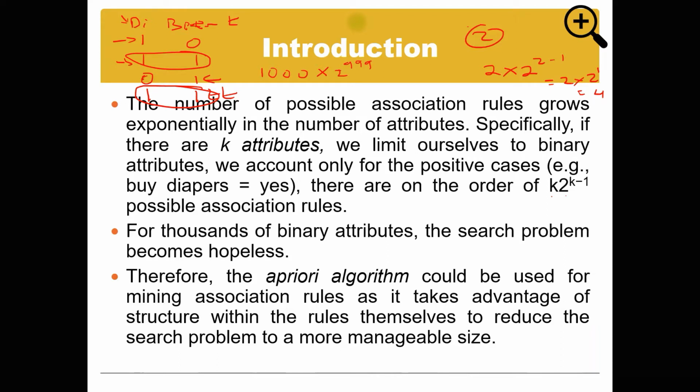What are support and confidence? We'll get to that afterward. So what we want to do is to apply what we call the a priori algorithm. It is used for mining association rules, as it takes advantage of a structure within the rules themselves to reduce the search problem to a more manageable size.